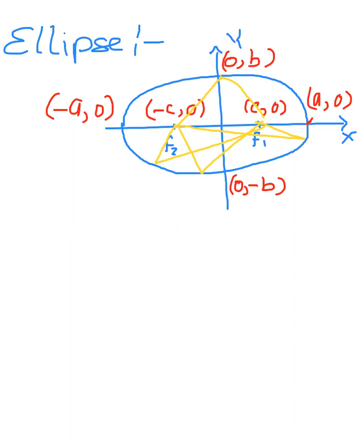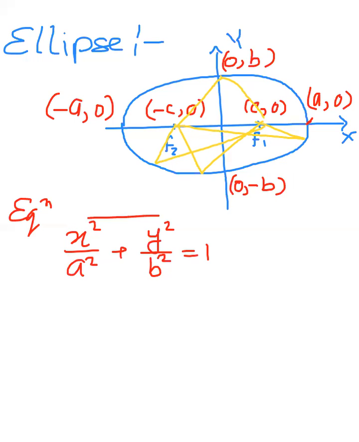Now for this ellipse, first of all, we are thinking about the equation of ellipse. Its equation will be x square upon a square plus y square upon b square equals 1. This is the equation of ellipse.